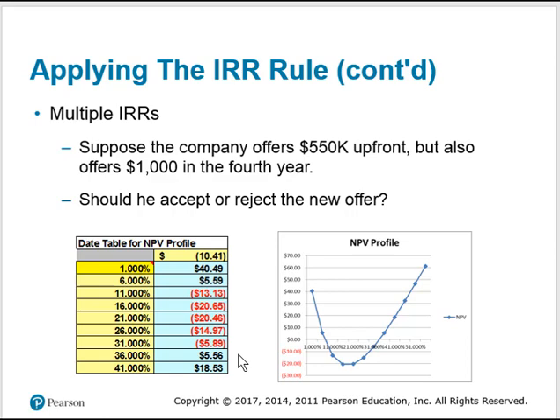Having 2 answers or having more than one answer is not what we want. We want one answer and one answer alone. It turns out that every time the cash flow sign changes, there is mathematically one possible answer. So we got 550, that was a positive number. We also had lost some cash flows for 3 years.